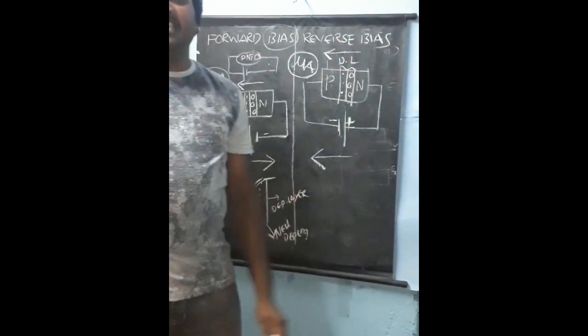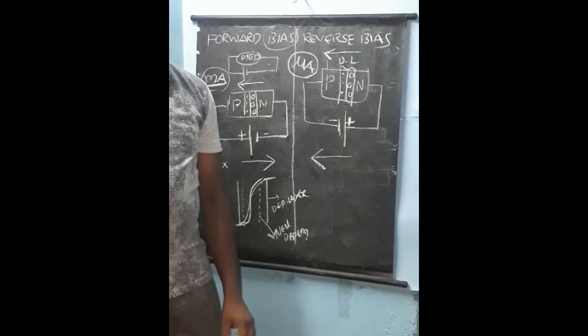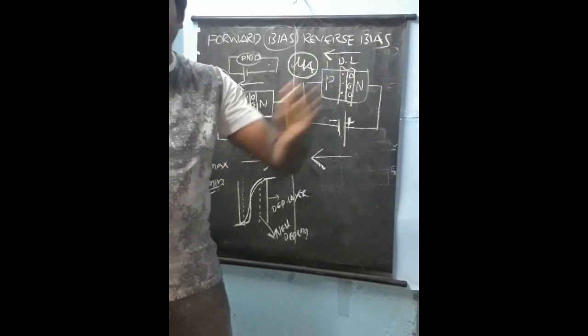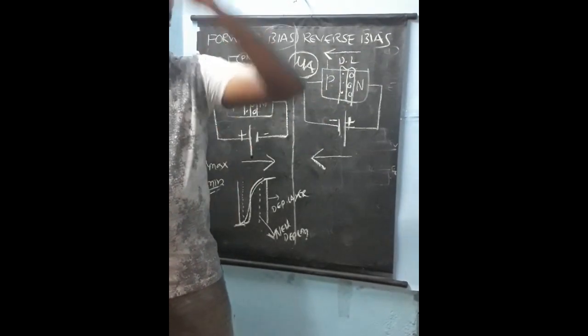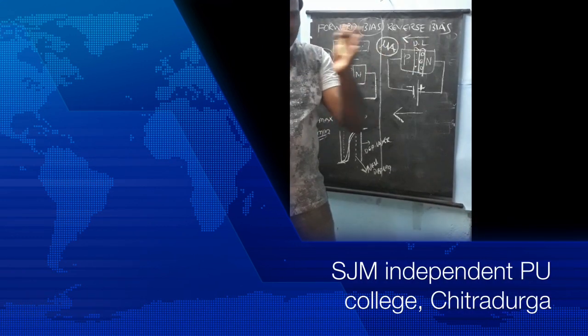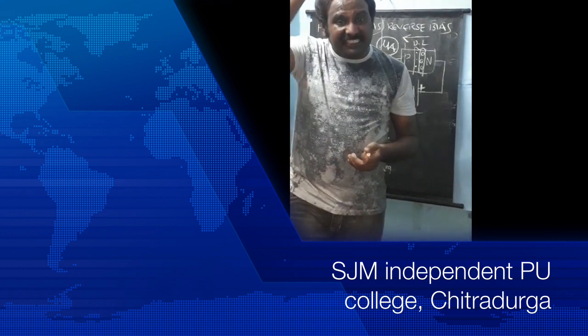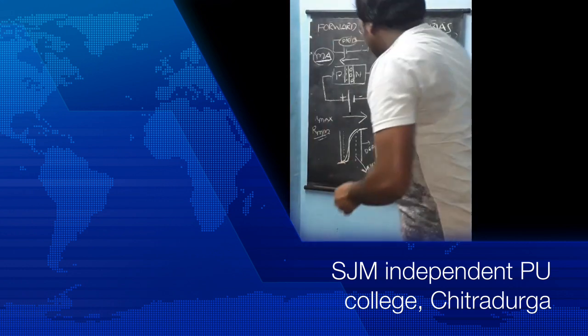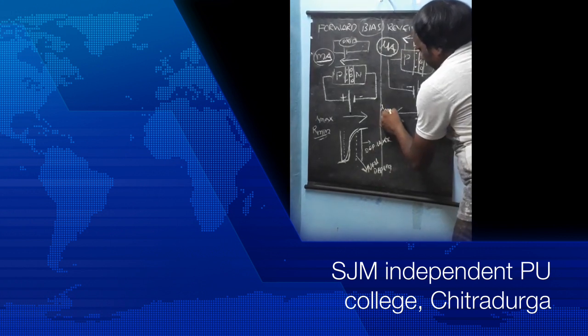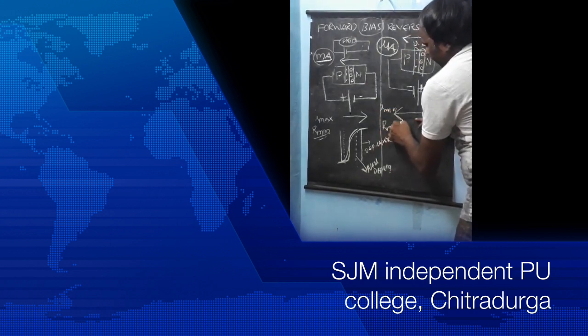So the electric field increases. If the electric field increases, the depletion layer increases, the potential barrier increases. As the depletion layer increases, the charge carriers cannot move so easily and the flow of current is very less. If current is minimum, resistance is maximum.